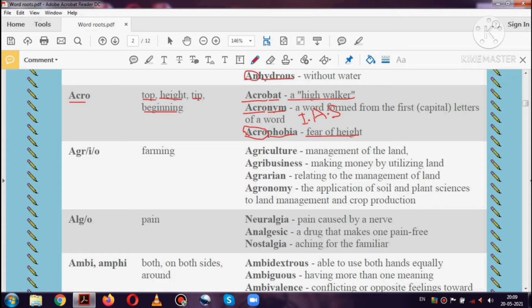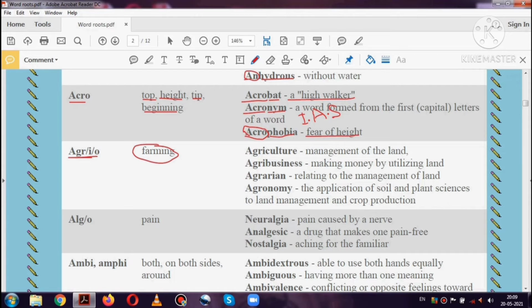This is important. The next word root is agro or agri, which means farming or cultivation of the land. The first word based on agri or agro is agriculture.